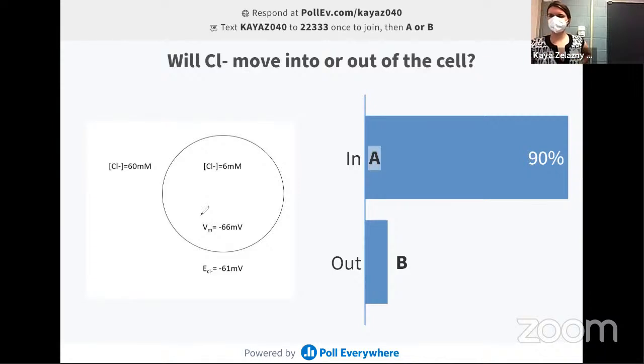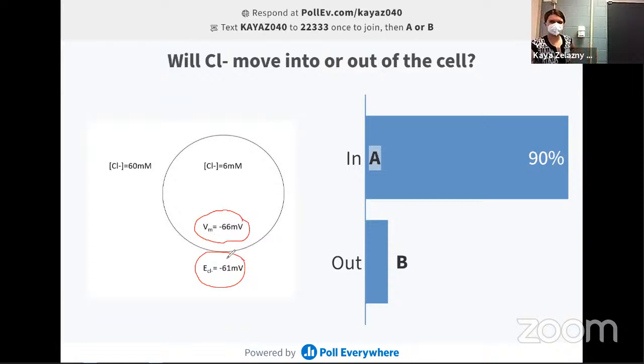What we want to note here, right? So this time, we have our equilibrium potential for chloride ions. We have our membrane potential for chloride ions.